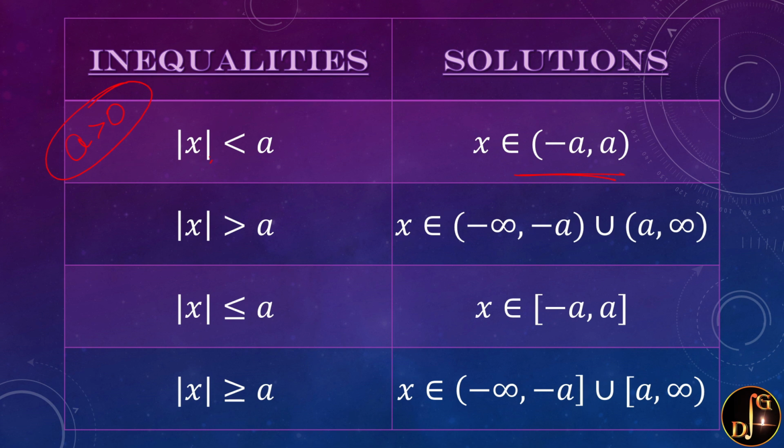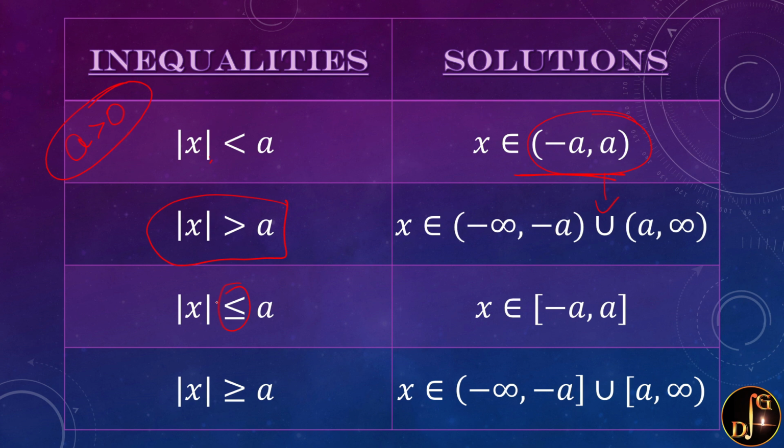Only when a is positive will these conditions follow. If we have mod x greater than a, then excluding this part, the other parts will come. That is, from minus infinity to minus a union a comma infinity.